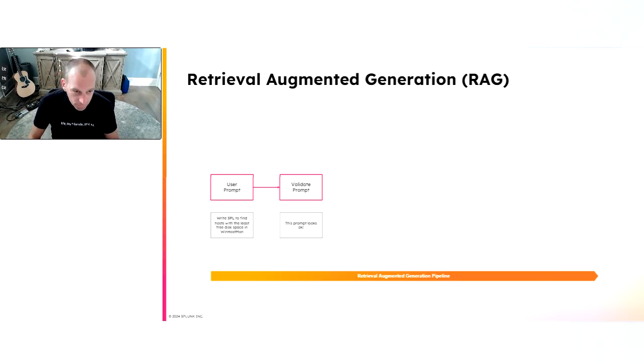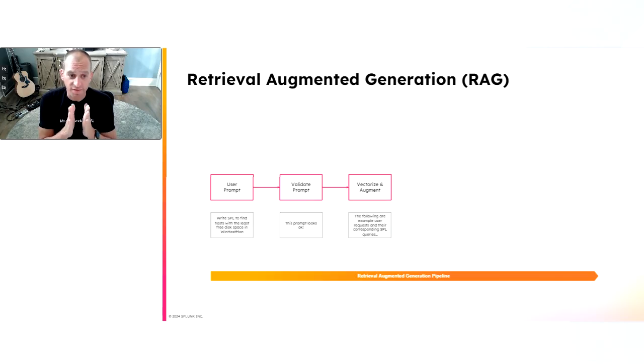Let's move on. The next thing we do is vectorize and augment. You'll hear us say at Splunk that data is the fuel for AI. So what's the difference between putting this prompt into ChatGPT versus the AI assistant? Well, this pipeline is a big part of the difference. We've created a database of tens of thousands of SPL queries, and a corresponding description of what each SPL query is doing.